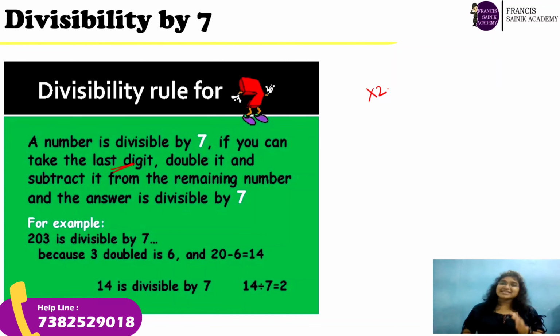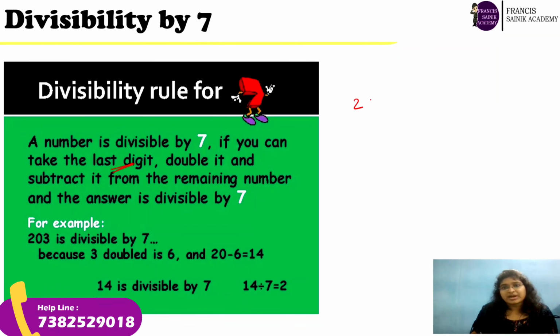Then subtract that answer from the remaining number. And if the result is divisible by 7, the entire number is divisible by 7. Confusing? Okay. Let us take an example then.